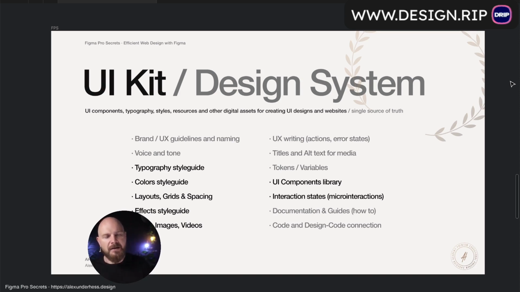Then UX writing, the way you write words. We are not using "learn more," we're using specifically action points, so it should also be part of the design system. Titles and alt text for media. Some people think, okay, when I'm designing a website, I just provide the image and that's it. And then someone will define what the alternative text will be.